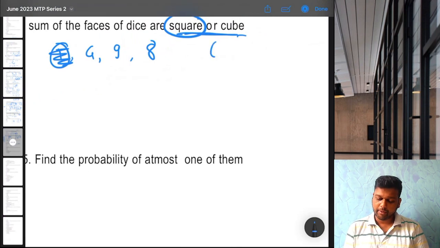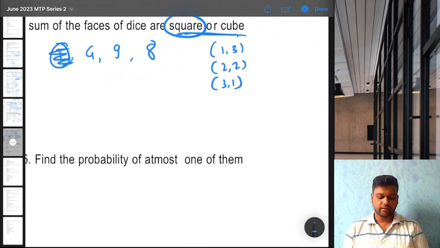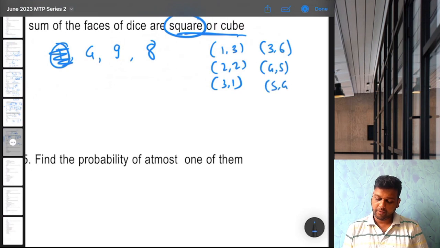Let's see how we can get 4, 9 and 8 from 2 dice. So 4 we can get by 1, 3, 2, 2, 3, 1. Fine. 9, how can we get 9? It can be 3, 6, right? Minimum 3, then 4, 5, 5, 4, 6, 3. 2 plus 7 is 9, so that is not possible. And 8, how can we get 8?